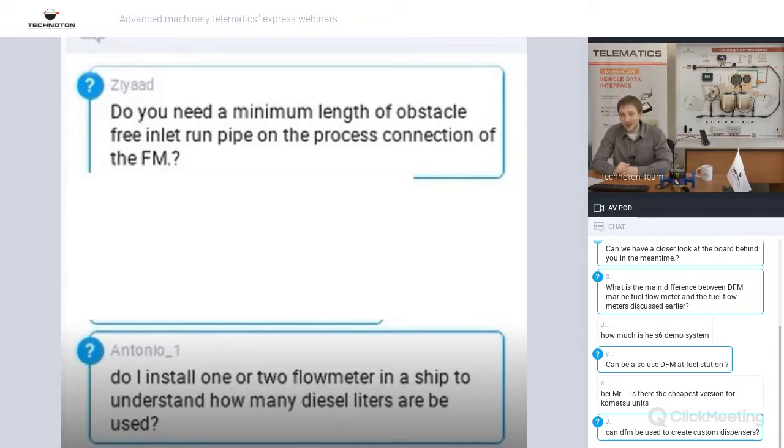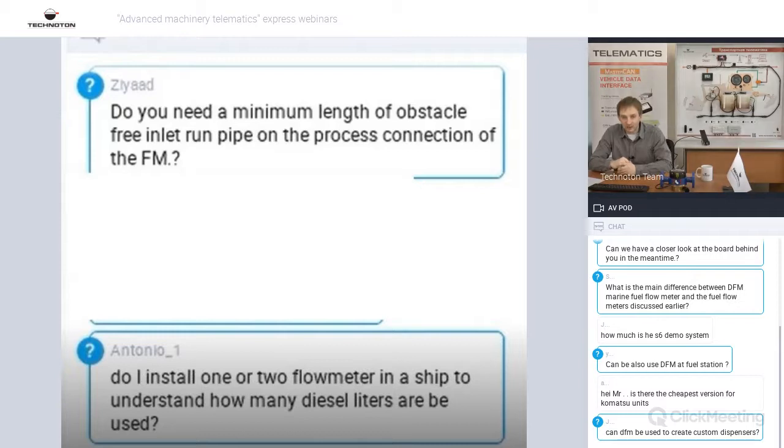In total, there were around 10 different documents on the ship, specifically about the fuel system of that ship, right? So about the booster pump, the filters, the fuel lines, the fuel tanks. We analyzed that, and on one scheme, we noticed that there is a place where a flow meter should be installed.